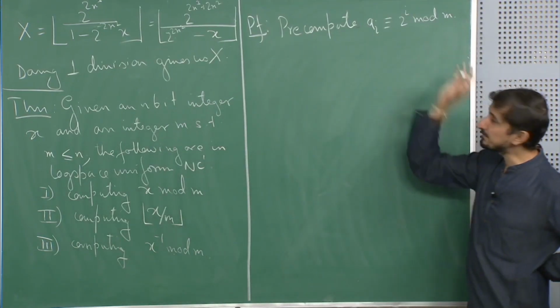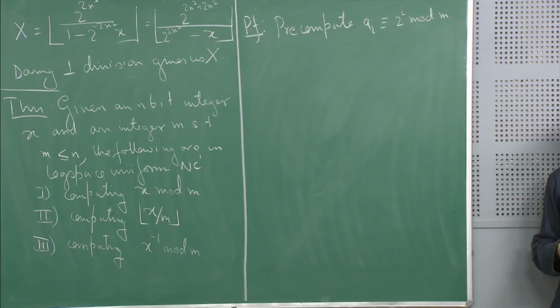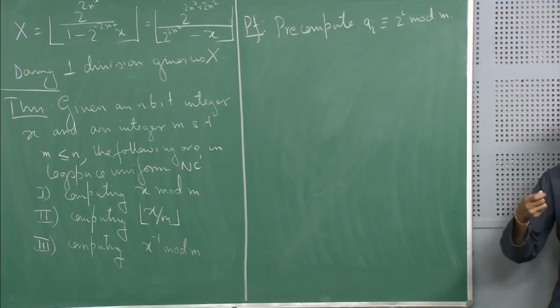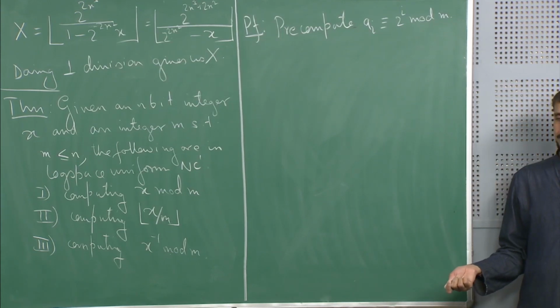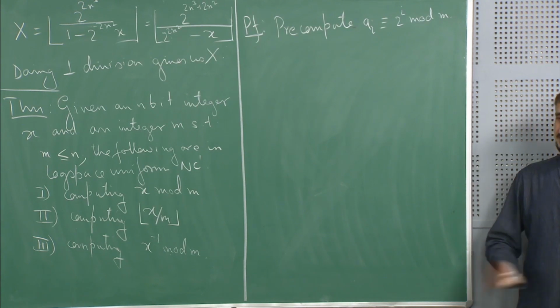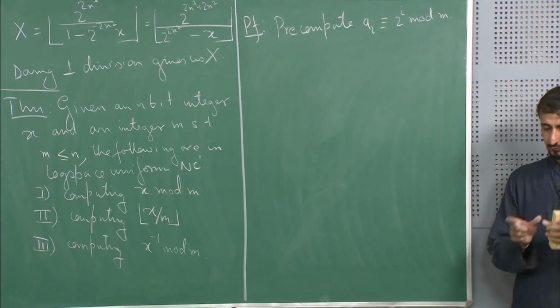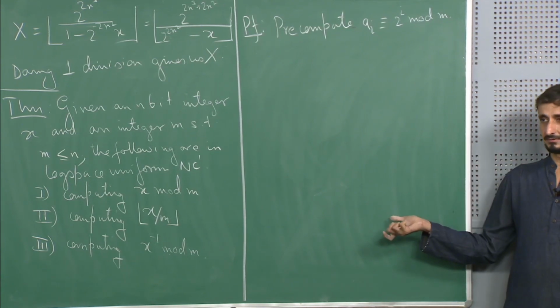But that is what I am saying. So m actually does not matter, because m is so small, m is just log n bit. So you can actually do this for each and every m. You can think of it as follows, that for each and every m I have a different circuit.